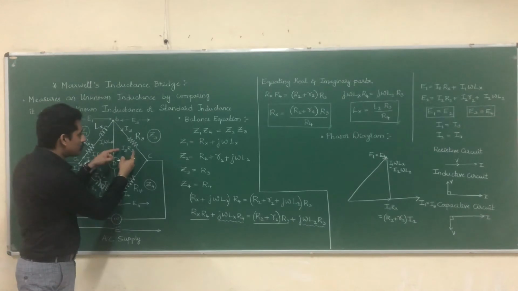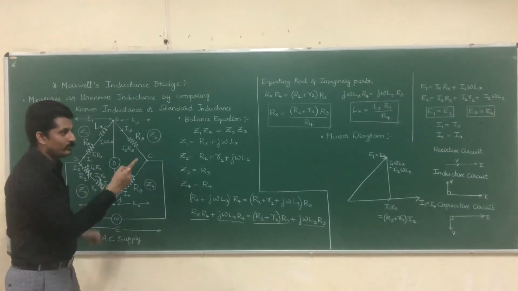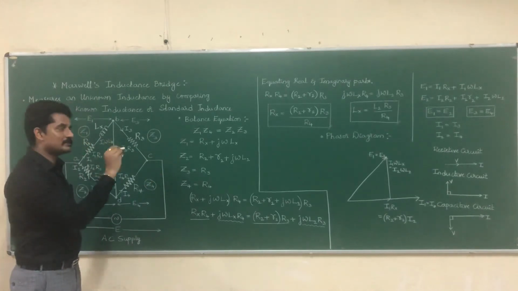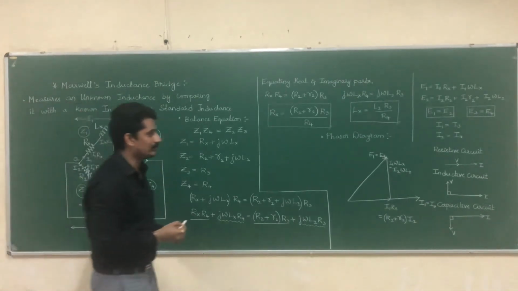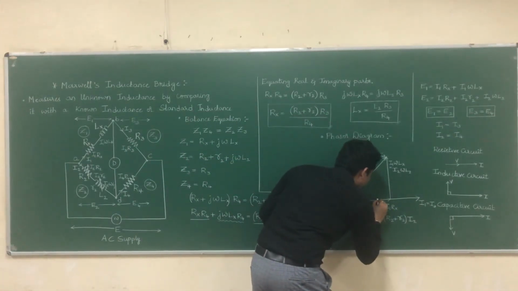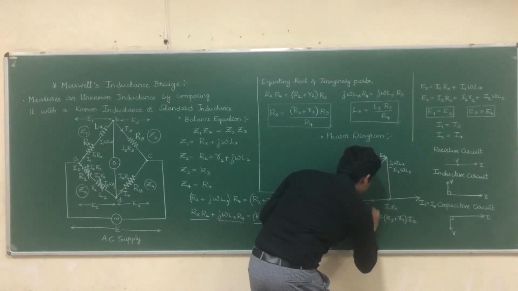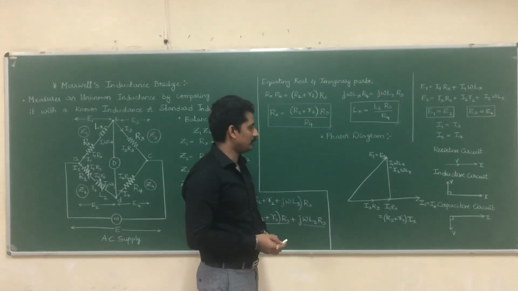So the voltage drop should be in phase with this current I3, right? So where I have written I3, in the same line I should write the voltage drop I3 R3. So here this is my I3, and this is the voltage drop I3 R3.